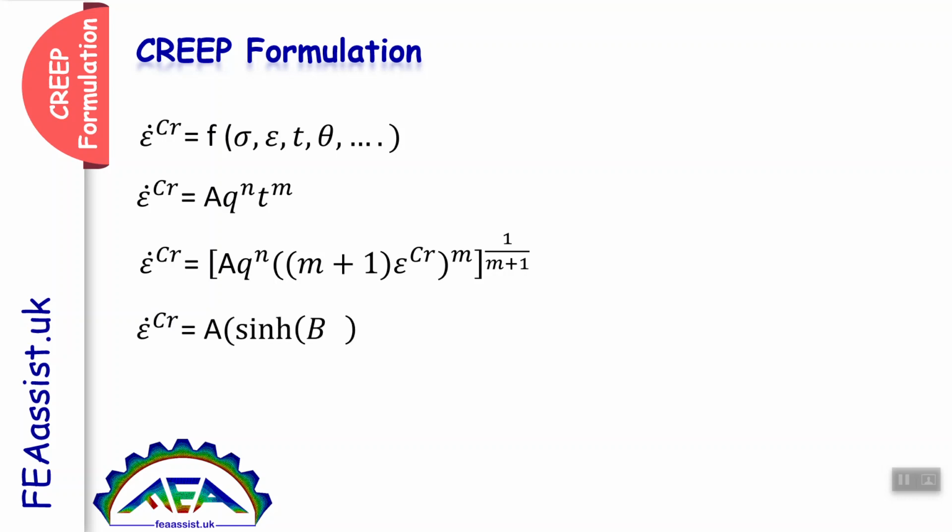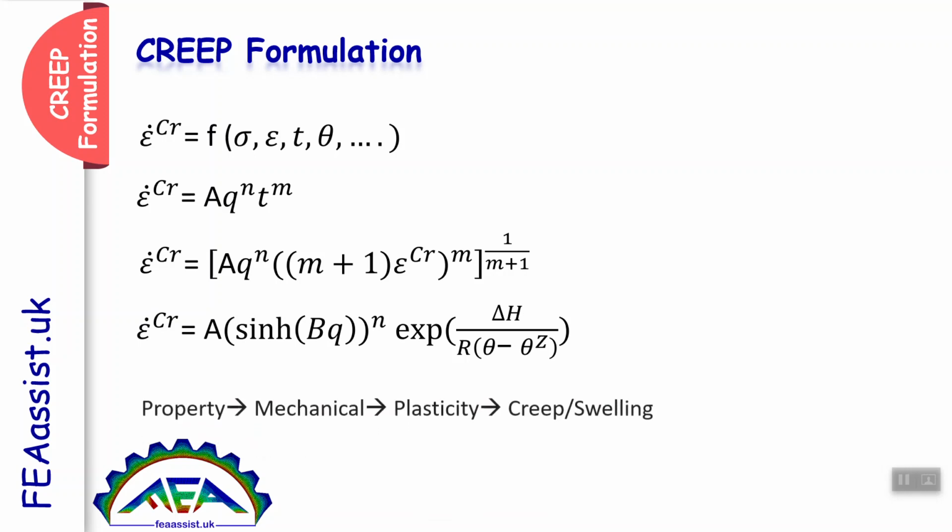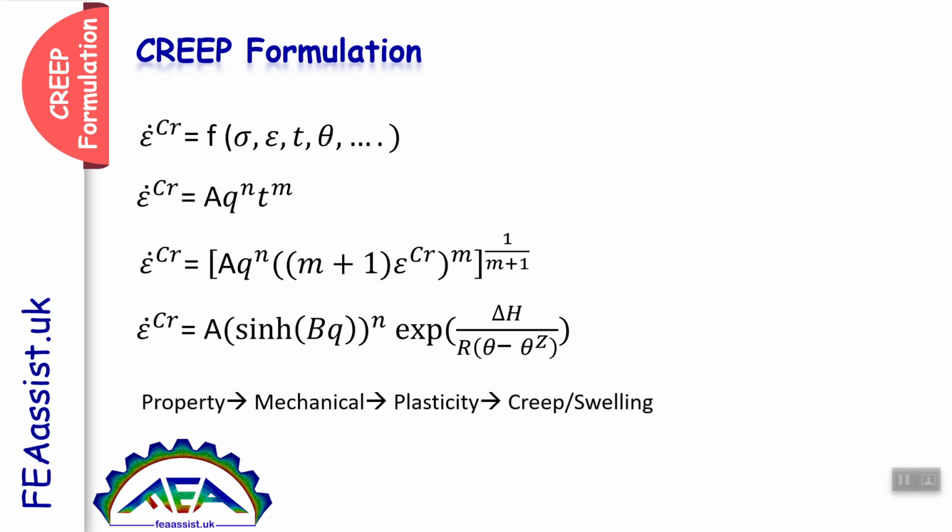Other form of the creep function is sinus hyperbolic function, in which creep is a function of deviatoric stress and energy and temperature. You can go to Abaqus, go to property, mechanical section, plasticity, and there you can see creep and swelling option, and in that section you can enter all these parameters and predict the behavior.